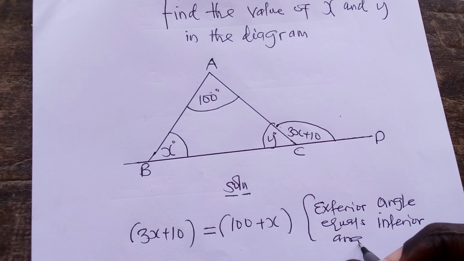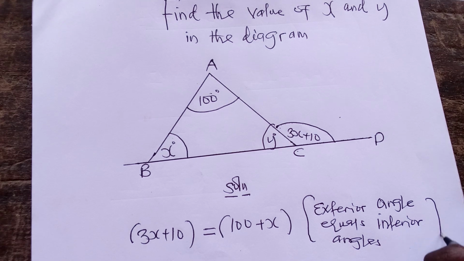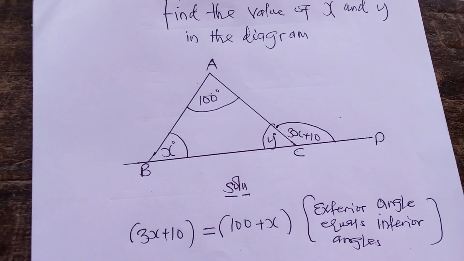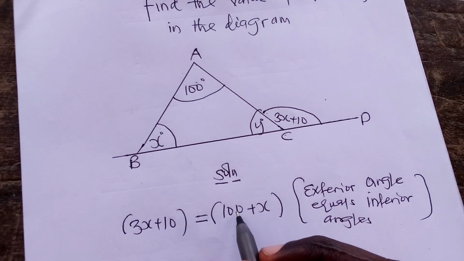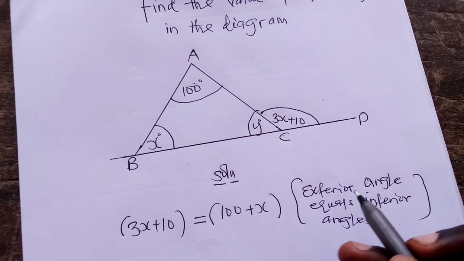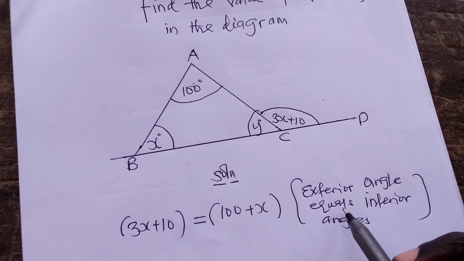You always try to give your reason why 3x plus 10 equals 100 plus x. The reason being the exterior angle is equal to the sum of the opposite interior angles.